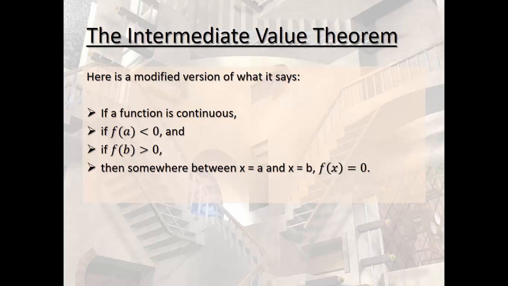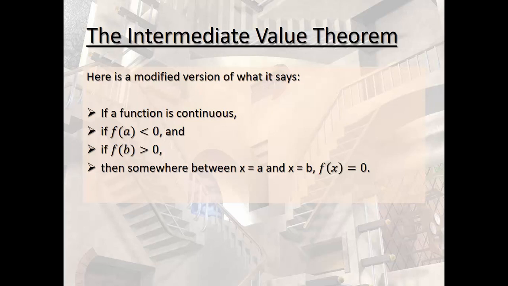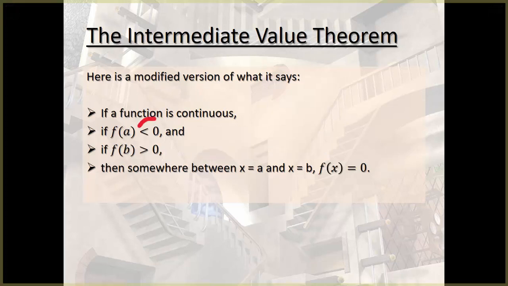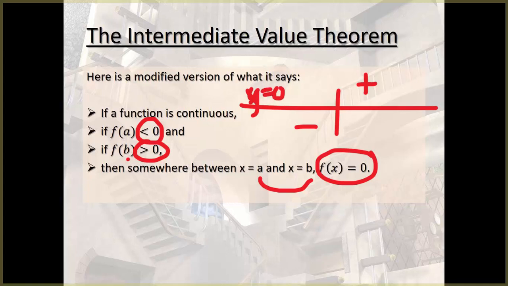And if you know that when x equals a, y is negative, and when x equals b, y is positive, well, somewhere between a and b, y has to be 0. You can't go from negative to positive without crossing the x-axis somewhere, and the x-axis means y equals 0. That's really all the intermediate value theorem is saying.